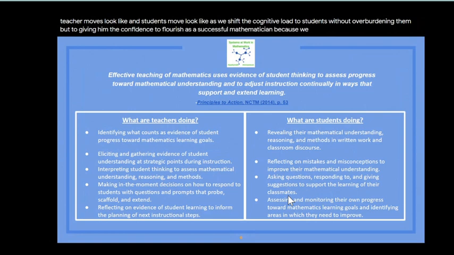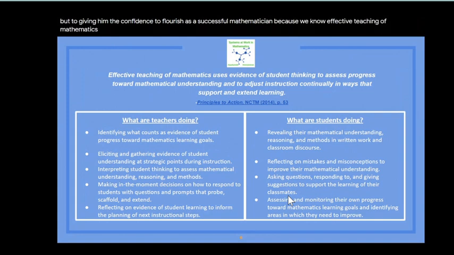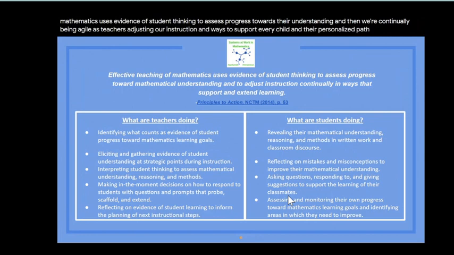Because we know effective teaching of mathematics uses evidence of student thinking to assess progress towards their understanding, and then we're continually being agile as teachers, adjusting our instruction in ways to support every child in their personalized path.